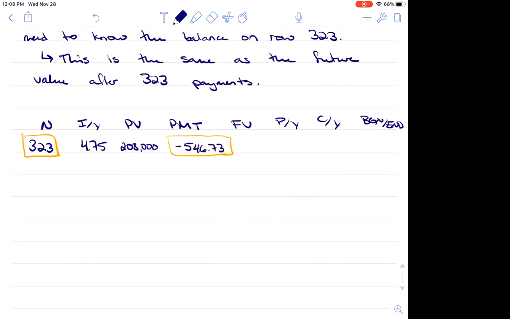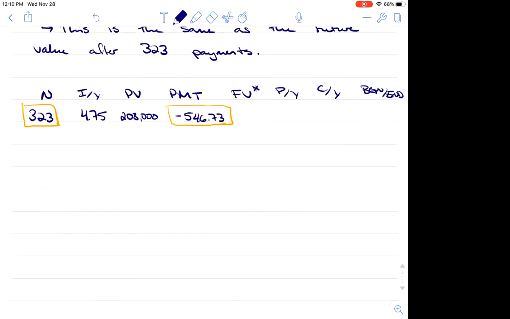That's new to this calculation here. Future value is the one we're trying to find. All right. What's the value of this loan after I've made 323 payments of $546.73? Our payments per year are still going to be 26, and our compoundings per year is going to be 12, and we're still working at the end.